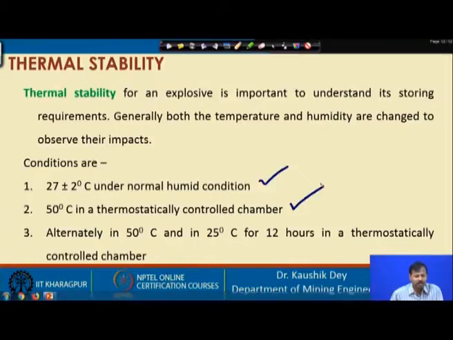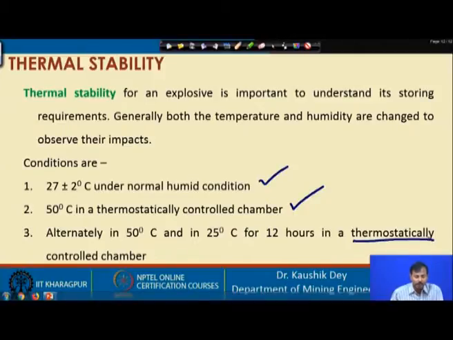The third one is alternately 50 degree centigrade and 25 degree centigrade for 12 hours in each condition, and both the chambers are thermostatically controlled, and we see if there are any changes in the chemical compositions of the explosive or not.